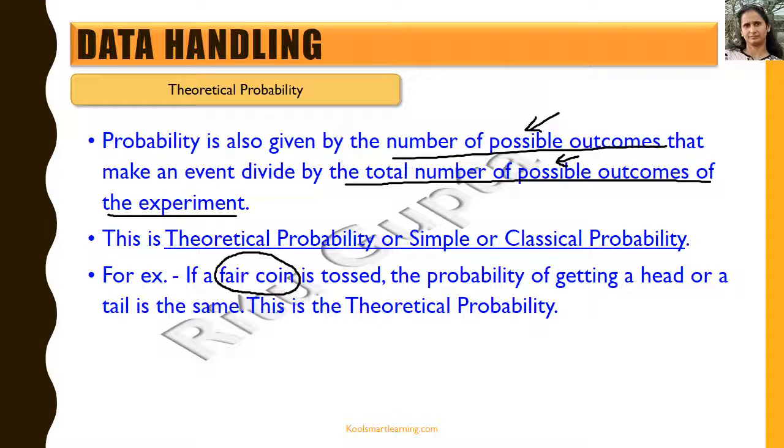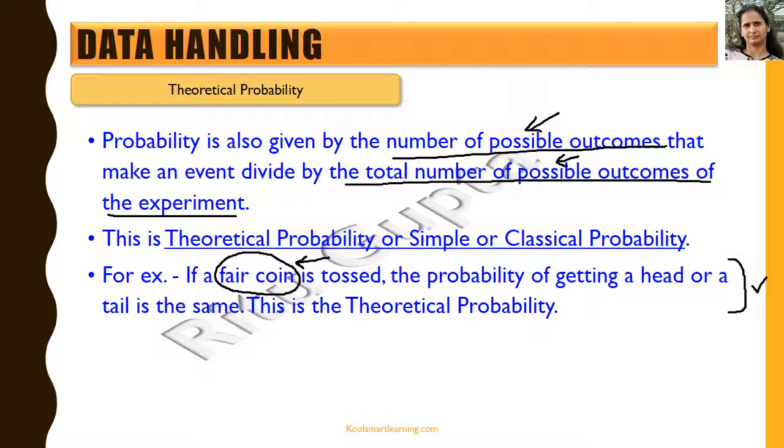Whenever you toss it, when it lands on the ground or on the hand, it rolls over because of the surface not being even. That would not be a fair toss, a fair coin. So we always talk about a fair coin when we talk about theoretical probability, fair coin, fair dice, and so on.